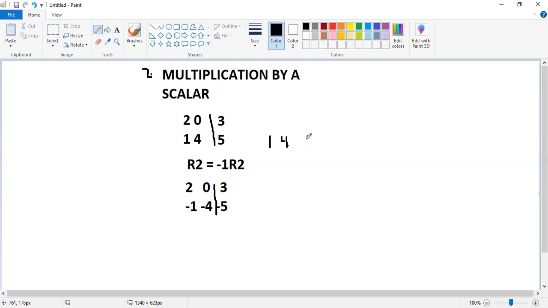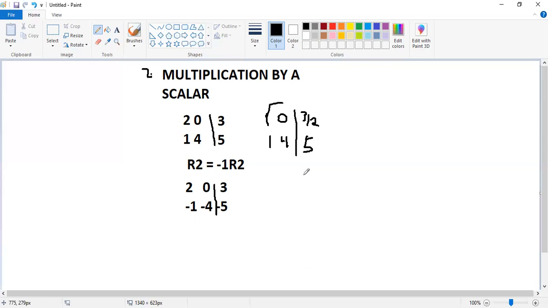You write your row 2, then you come and now change row 1. So you are dividing row 1 by 2. So 2 divided by 2 gives us 1. 2 divided by 2 gives us 0. And then 3 divided by 2 gives us 3 over 2. So now this is how our new matrix will look. Please, I hope you understand this part.